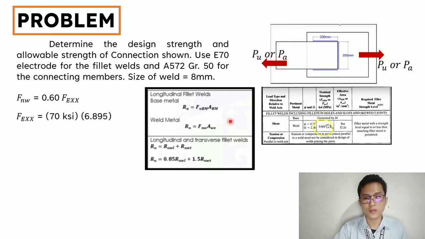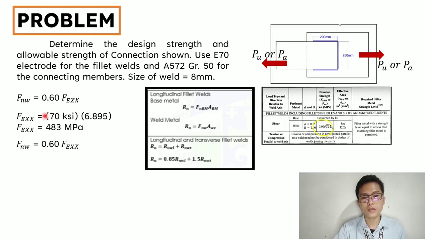And to solve it, we will use F sub EXX, which is equal to 70 kips per square inch. And in order to convert it in megapascal, we will multiply it using this value, which is 6.895. After multiplying it, we will get 483 megapascal.